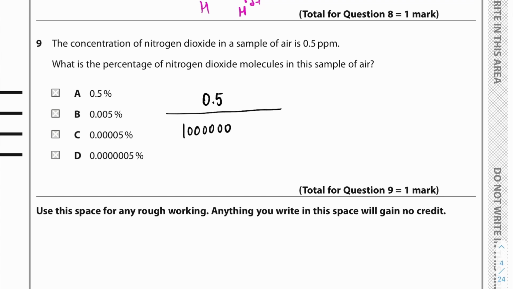And because we want a percentage, we times by 100. When you put this in the calculator, we will get 0.00005%. That is option C, so option C is the correct answer.